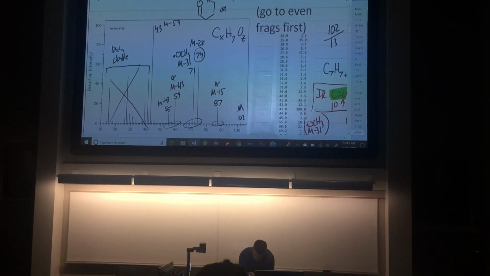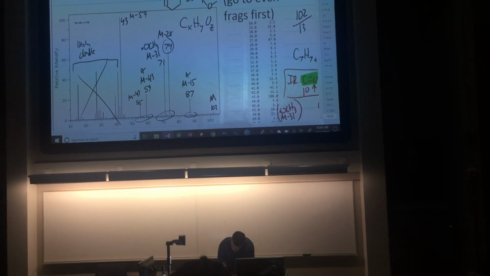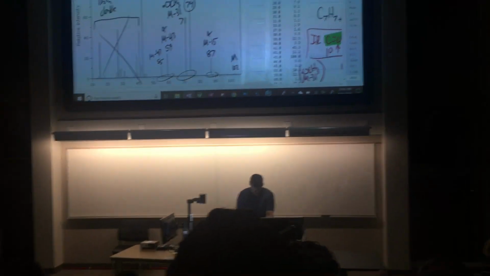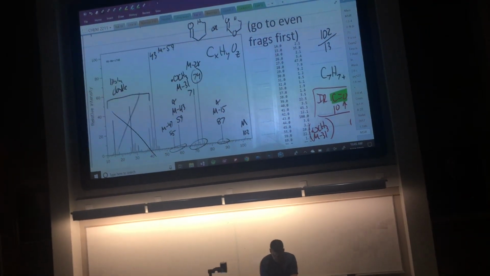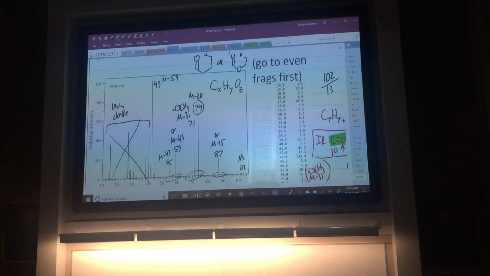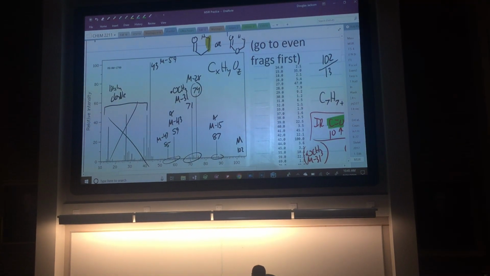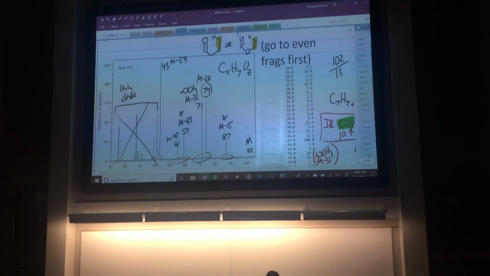With this compound, that minus 28, the fragment was a McLafferty that eliminates ethene, CH2CH2, isn't it 28?